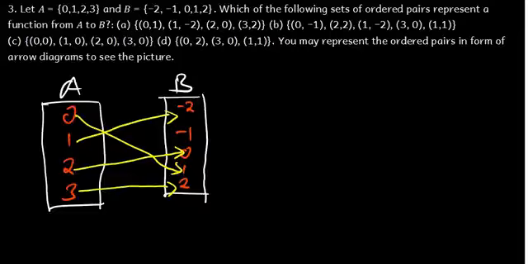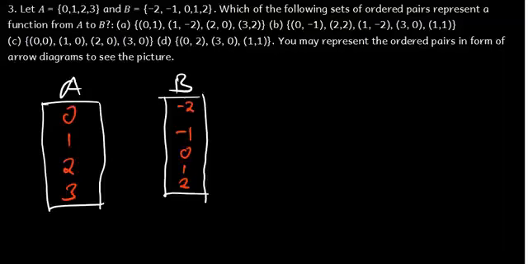Then one value of x cannot go to two different values of what? Two different values of y. So as we can see here, each value has got just one output here. So we are going to consider this one to be a function. So part one, we are going to say this is a function. Okay, so let's go to part B. I'm going to use the same one.